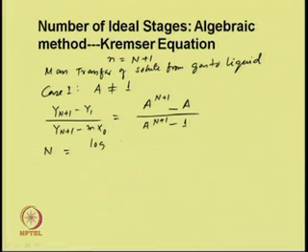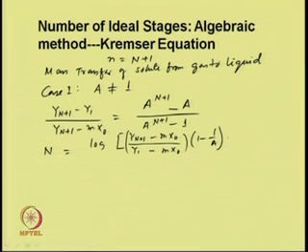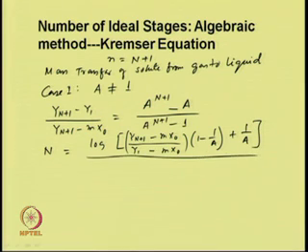and the number of stages n we can write log of y n plus 1 minus m x naught divided by y 1 minus m x naught into 1 minus 1 by A plus 1 by A, divided by log A. And case 2, A equals 1.